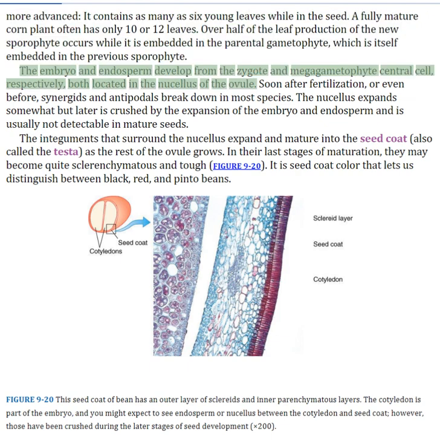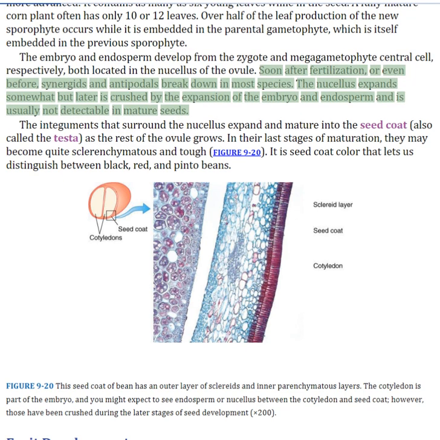The embryo and endosperm develop from the zygote and megagametophyte central cell, respectively, both located in the nucellus of the ovule. Soon after fertilization, or even before, synergids and antipodals break down in most species. The nucellus expands somewhat but later is crushed by the expansion of the embryo and endosperm and is usually not detectable in mature seeds.